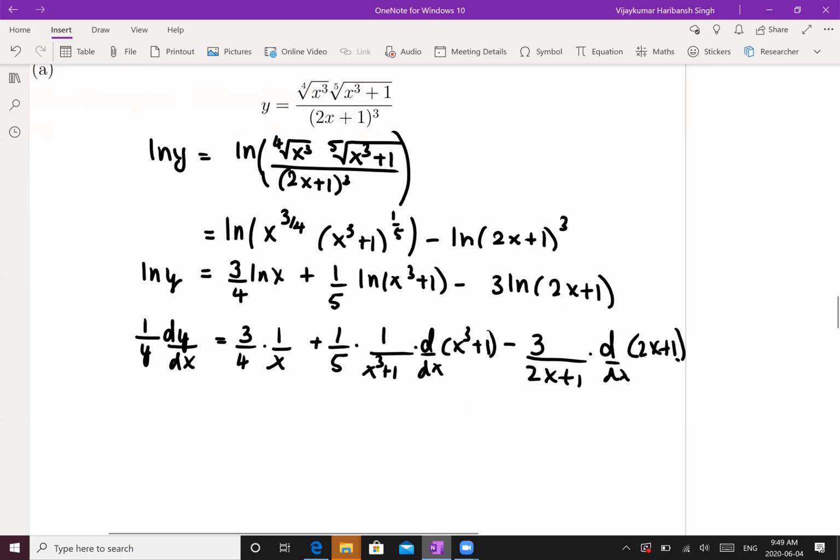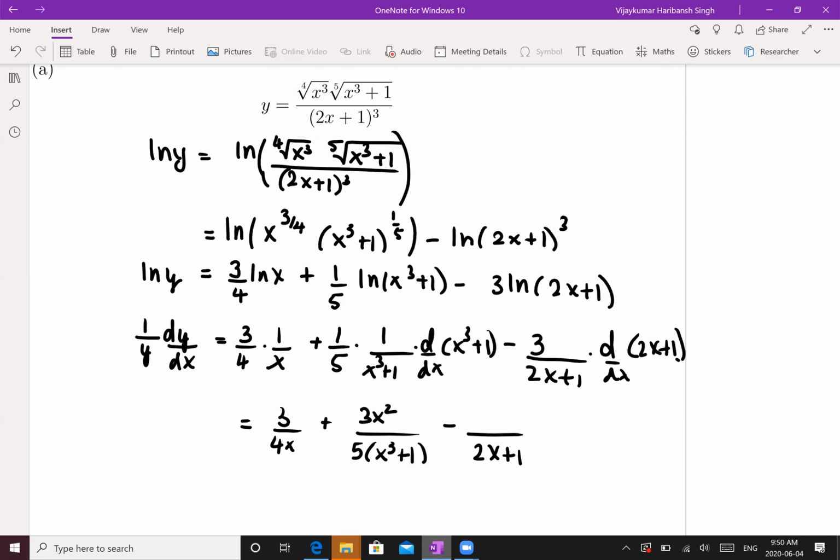So therefore, what do we get? So this side simplifies: 3 by 4x plus 1 by 5 x cubed plus 1, and on top you have derivative of x cubed, which is 3x squared, minus 3 times 3 divided by 2x plus 1 multiplied by derivative of 2x, which is 2.